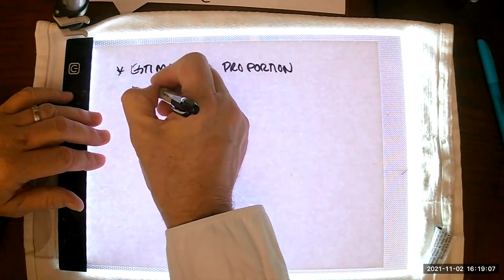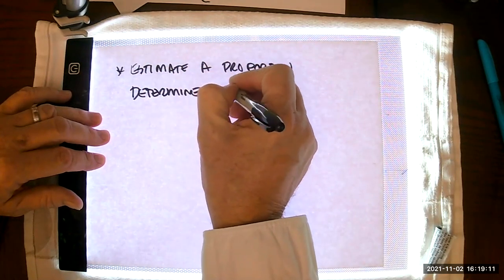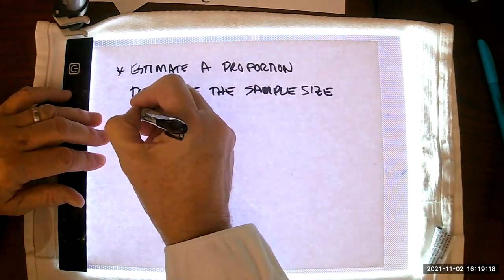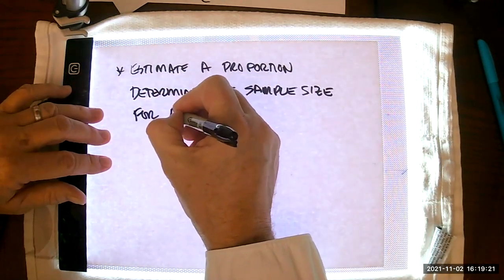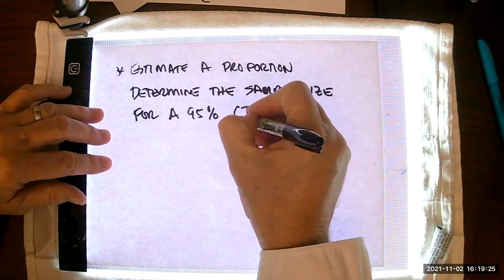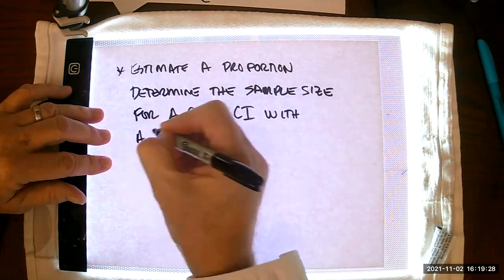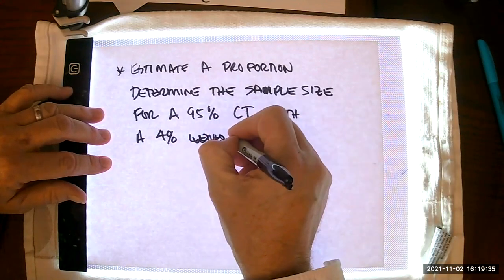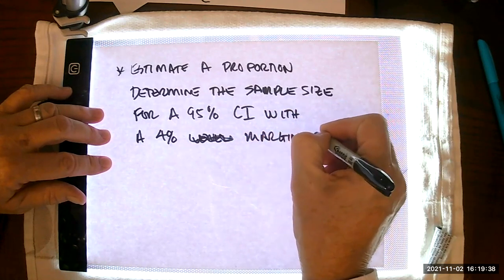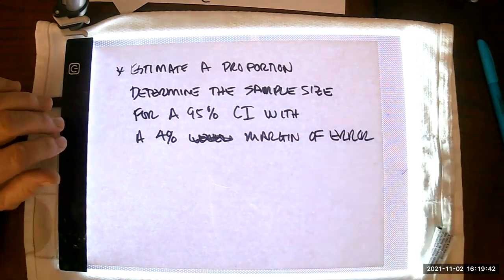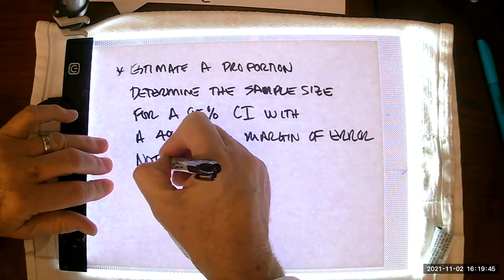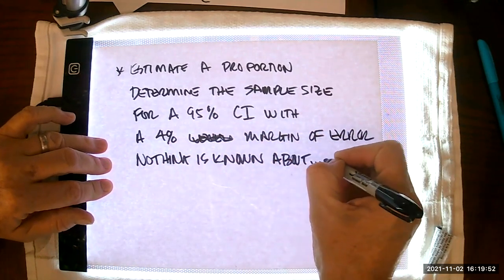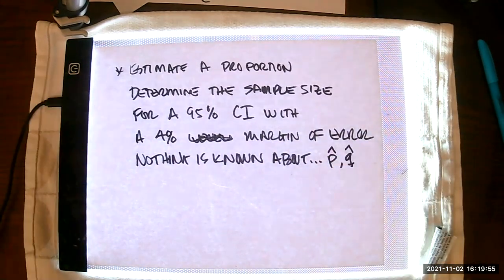We want to determine the sample size for a 95% confidence interval with a 4% margin of error. Nothing is known about P hat or Q hat.